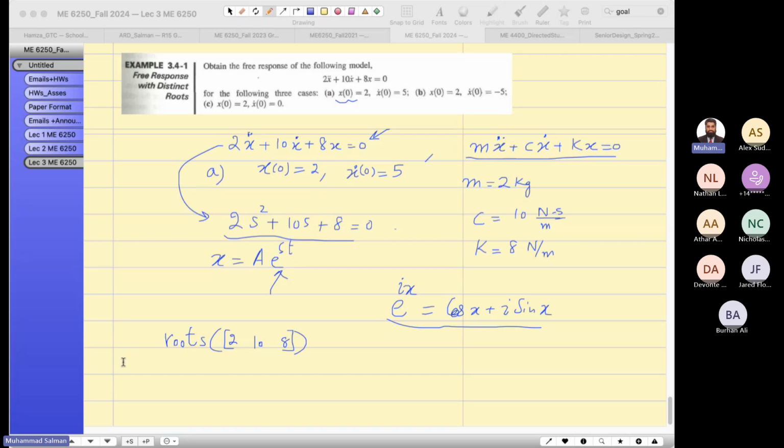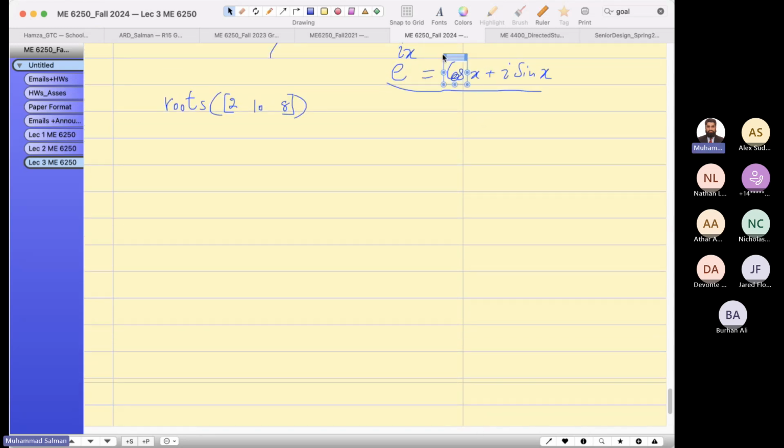Roots of the equation 2, 10, 8. So I got -4 and -1. If you plug it in MATLAB, you get roots s1 equals -1, s2 equals -4.